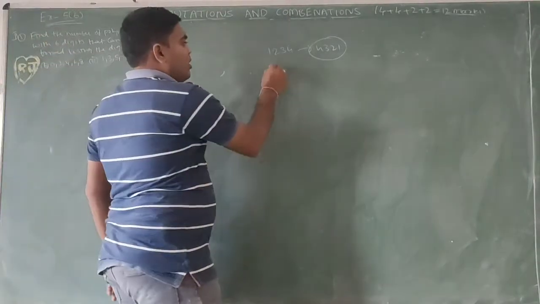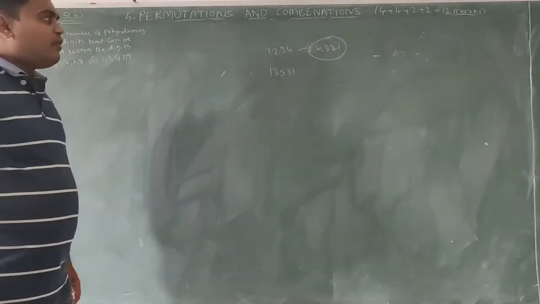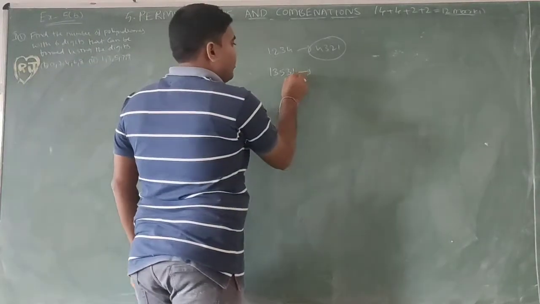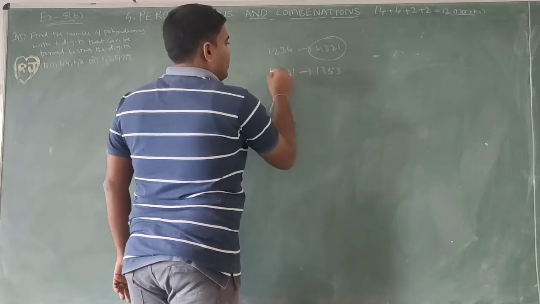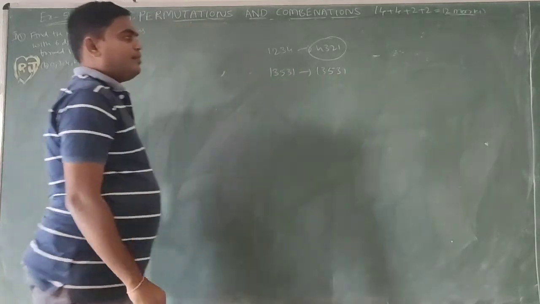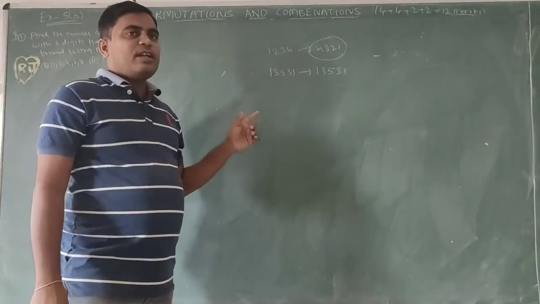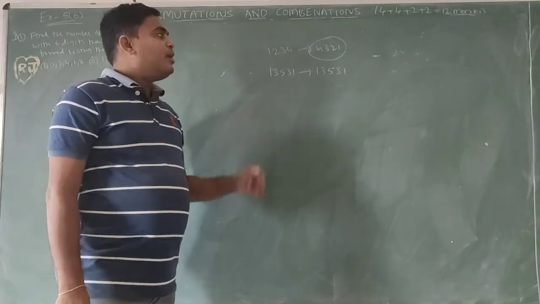For example, 1, 3, 5, 3, 1. If we reverse it, we get 1, 3, 5, 3, 1. This is a palindrome. So if we write it in reverse order and get the same number, then the number is called a palindrome number.